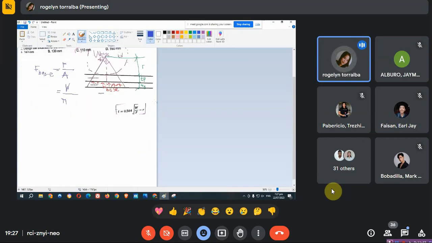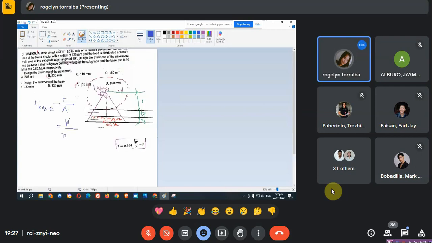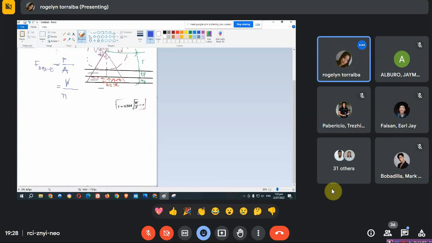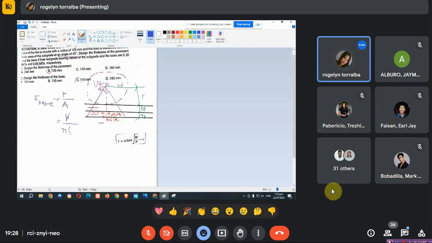So what do I need to reduce here, class? This is the next question. This circle, this is the radius of the wheel.